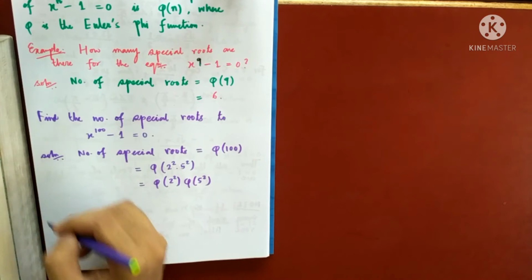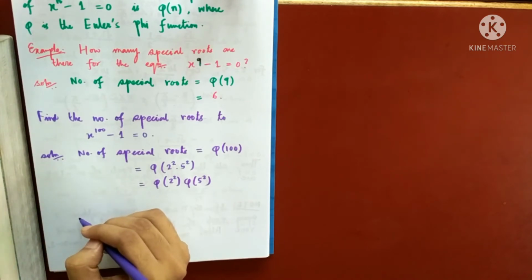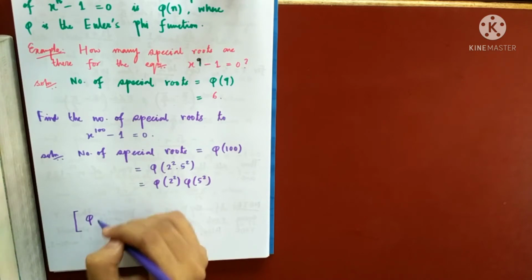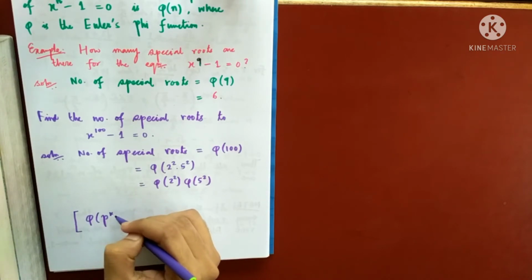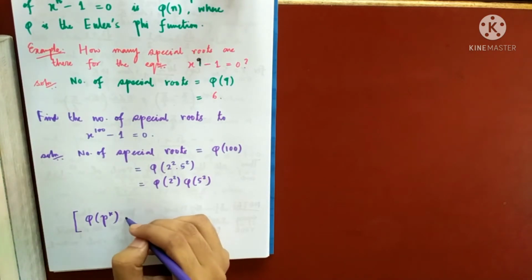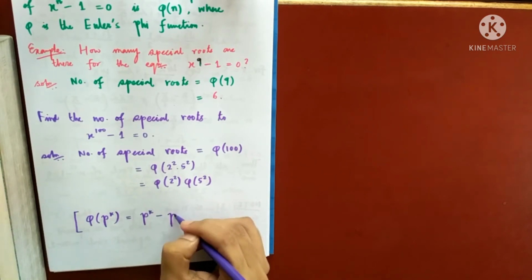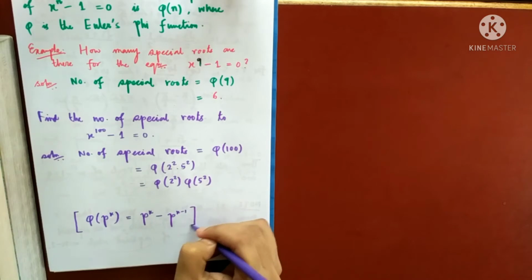Now we have a formula for computing. You have done this in number theory, in your first semester, I guess. Phi of p to the power k, where p is a prime, is given by p to the power k minus p to the power k minus 1. This is the formula basically.